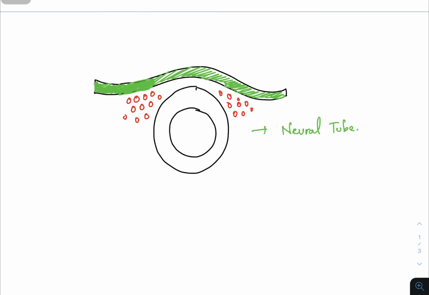How is this ectoderm formed? The entire neural plate is occupied by this ectoderm. How is this entire neural plate occupied by this ectoderm? It is completely occupied by the ectoderm because of the migration of the neural crest cells. Now finally the neural crest cells have come here.